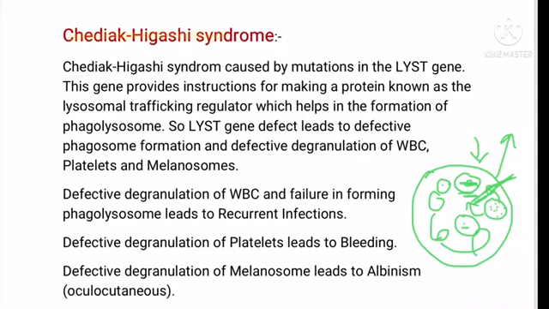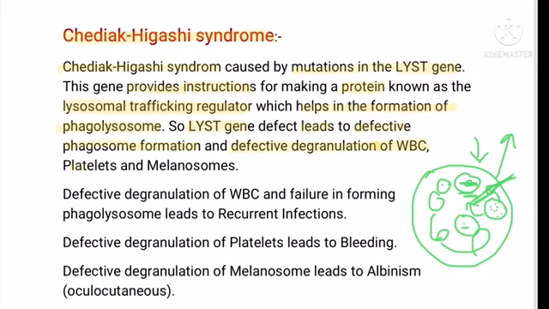It is caused by a mutation in the LYST gene. This gene provides instruction for making a protein known as lysosomal trafficking regulator, which is responsible for the movement of lysosome toward the phagosome, which helps in the formation of phagolysosome. So LYST gene defect leads to defective phagolysosome formation and defective degranulation of WBCs.